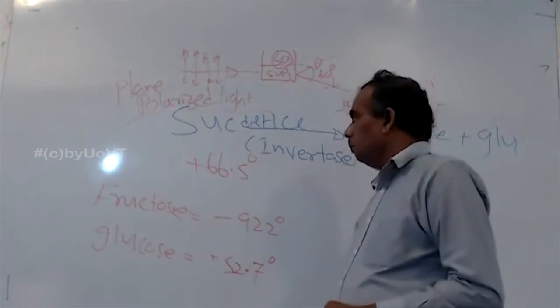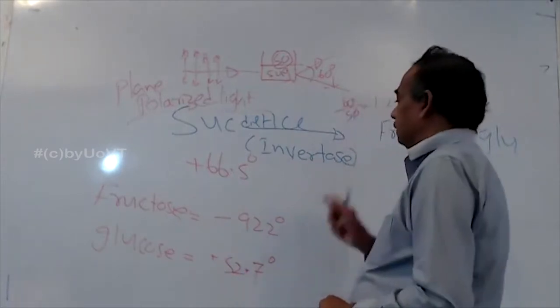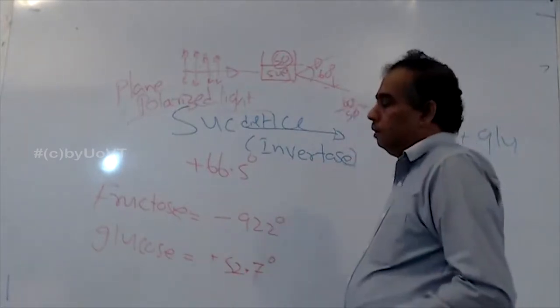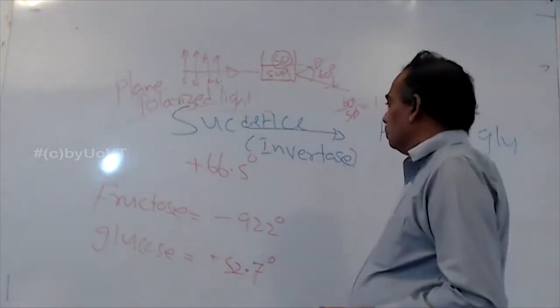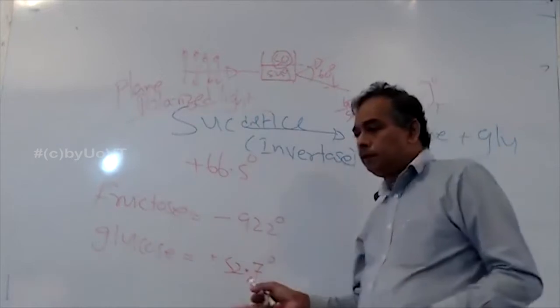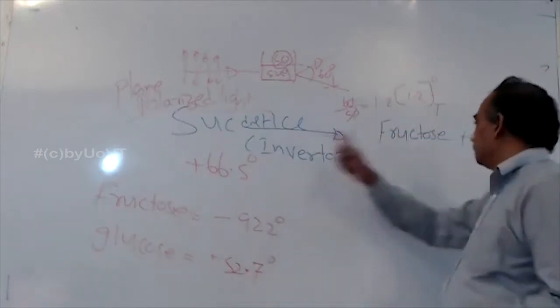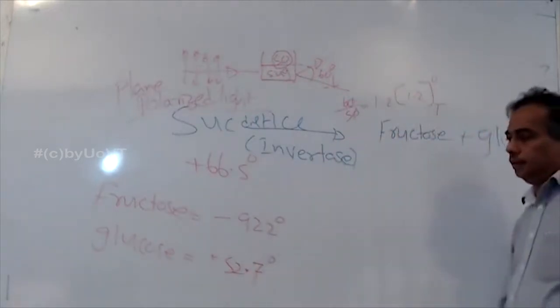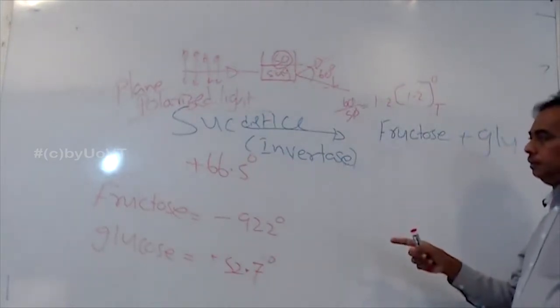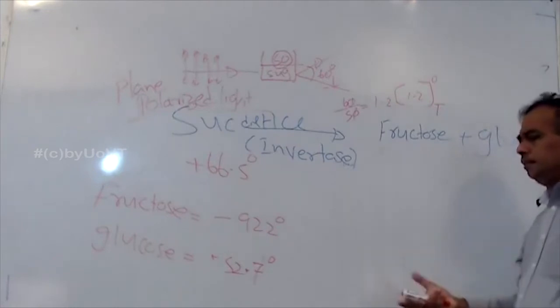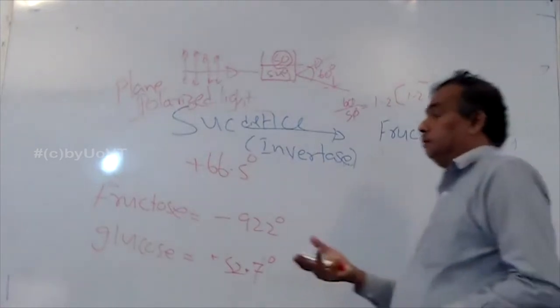Now, if we think like this, at room temperature, if you break the linkage of the sucrose into fructose and glucose, because of the specific rotations, we don't think about the amount available in the system.